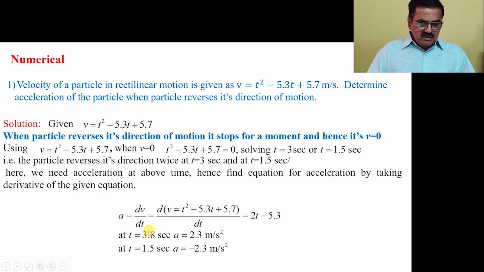This is the acceleration when t is equal to 1.5. Here acceleration has a negative sign, but the answer is correct. Negative acceleration is called retardation.